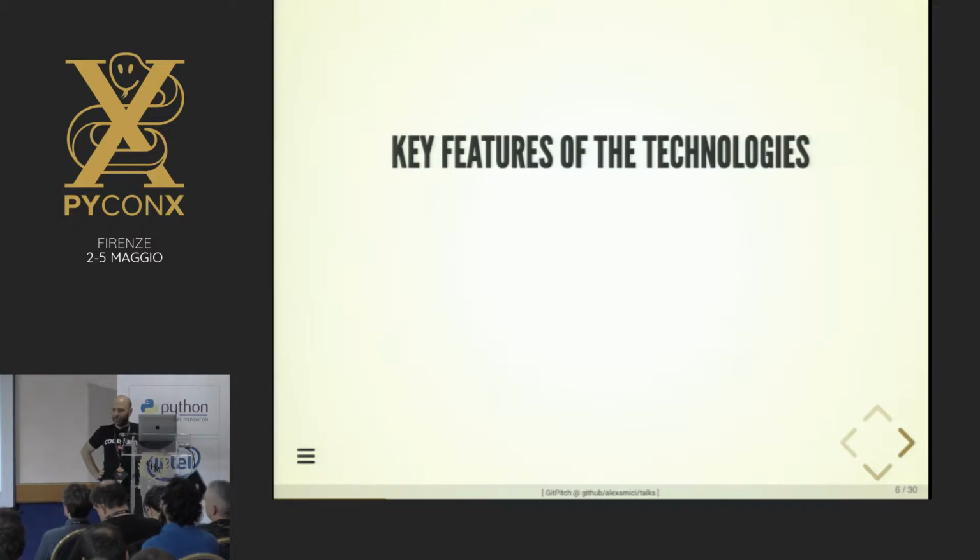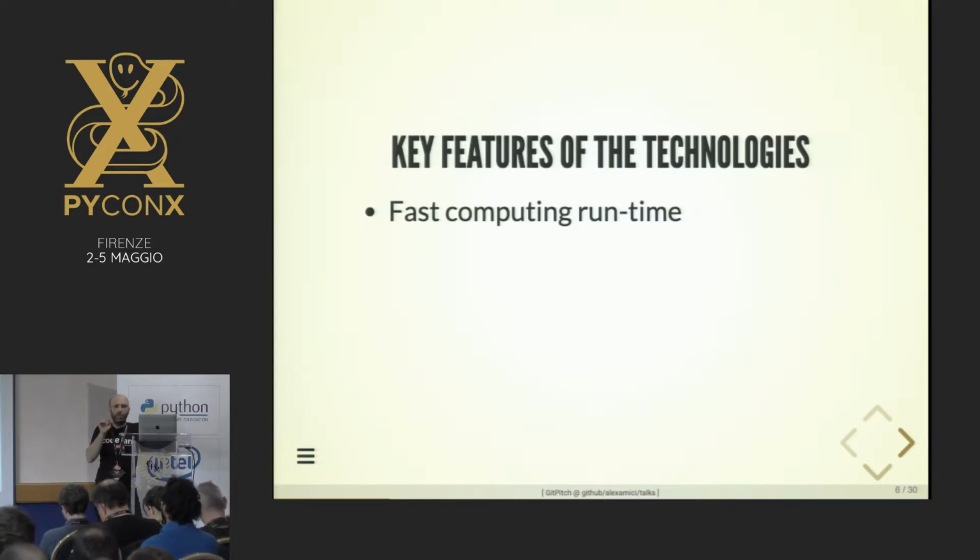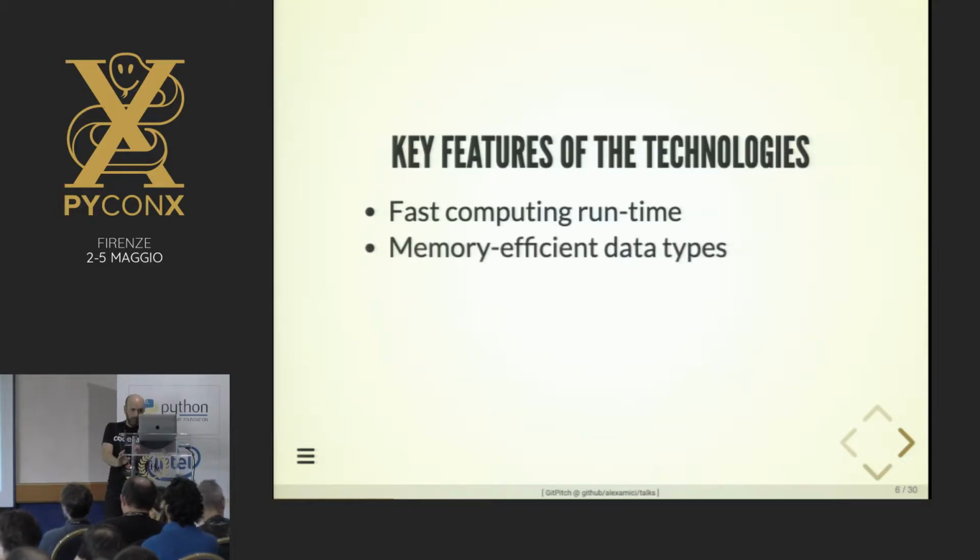So what are the key features of these kind of technologies? Clearly, the key is to be fast at computing. So you have fast runtime, C, C++, Fortran even. The main advantage is speed. But also they have memory efficient data types. So this is very important for moving your big data problems to small data.